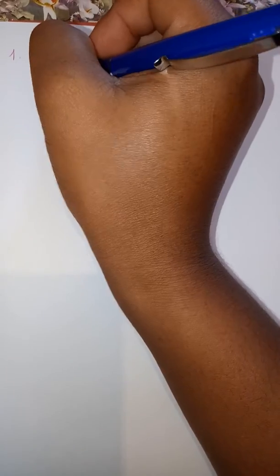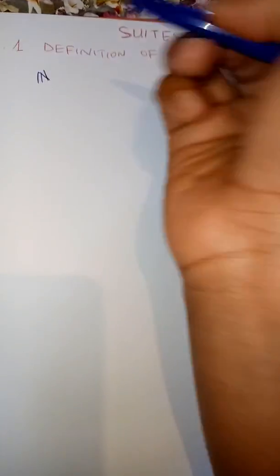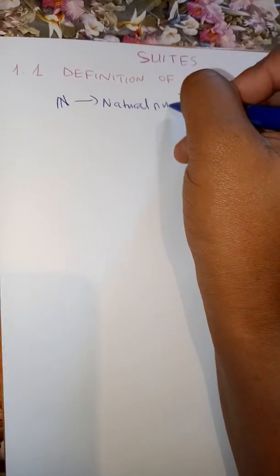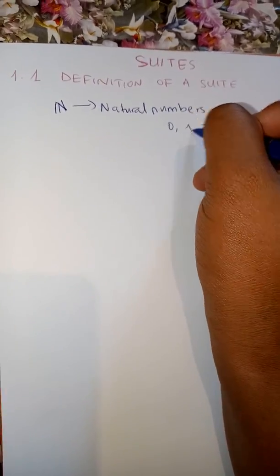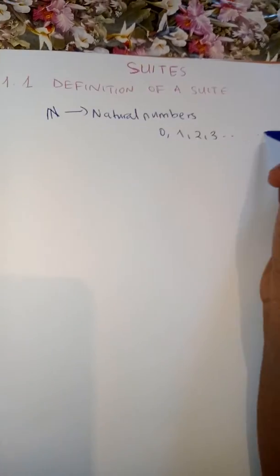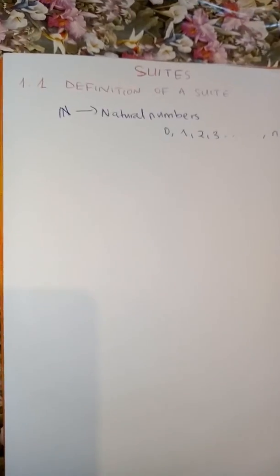First, what is the ensemble N? Ensemble N is the ensemble of natural numbers: 0, 1, 2, 3 and so on.